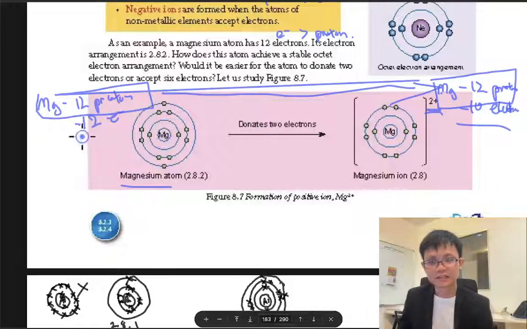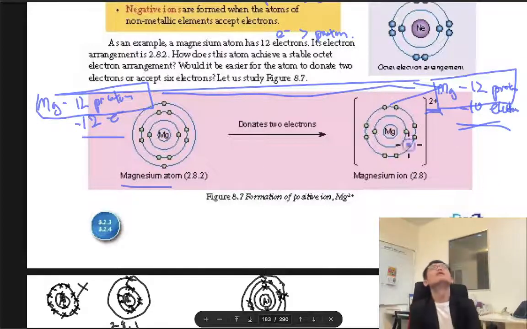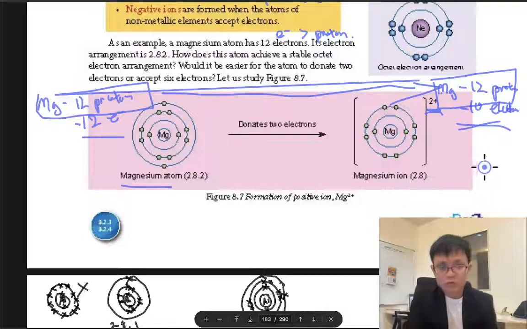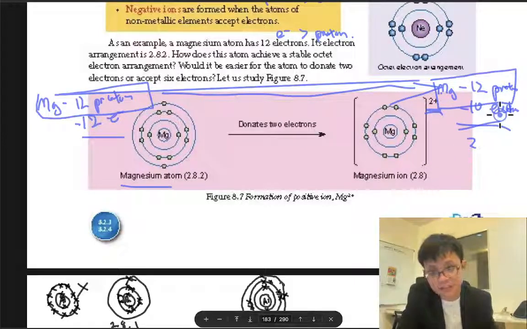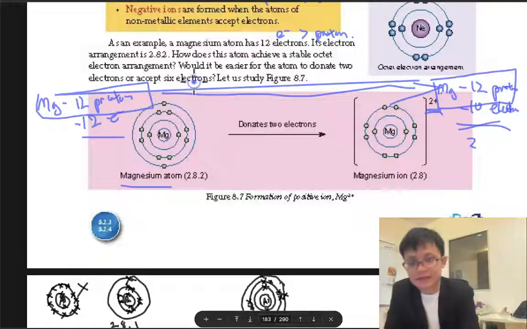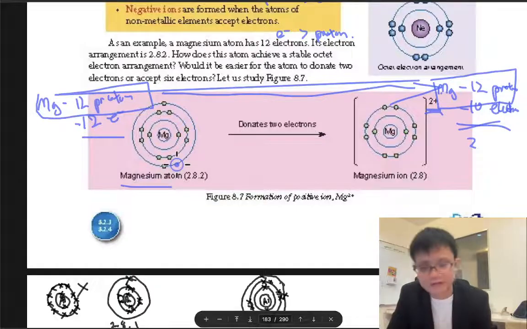The only change is the electron, 12 electrons to 10. So again, proton more than electron by 2, positive more than negative, so it will be positively charged. Can I make magnesium negatively charged? Cannot.